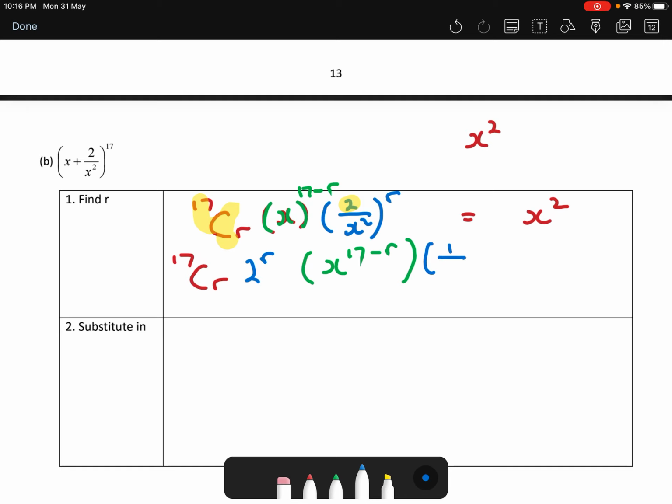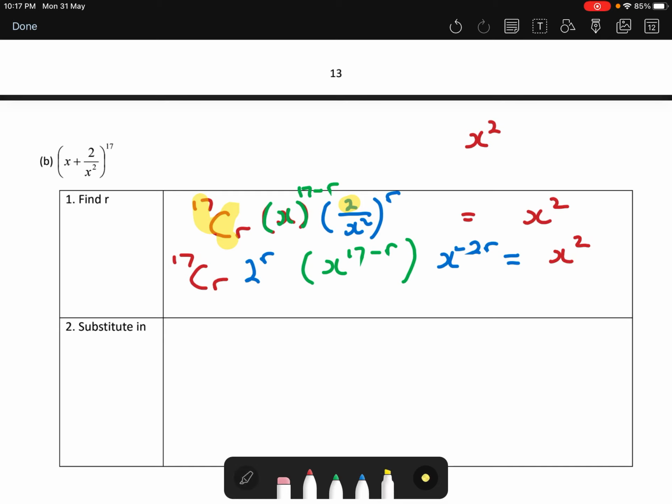We try to make 1 over x squared to the power of r in terms of pure indices, because this is a bit of a fraction already. So we make this x to the power of minus 2, then use the law of indices to remove the bracket: minus 2 times r gives x to the power of minus 2r, equal to x squared.